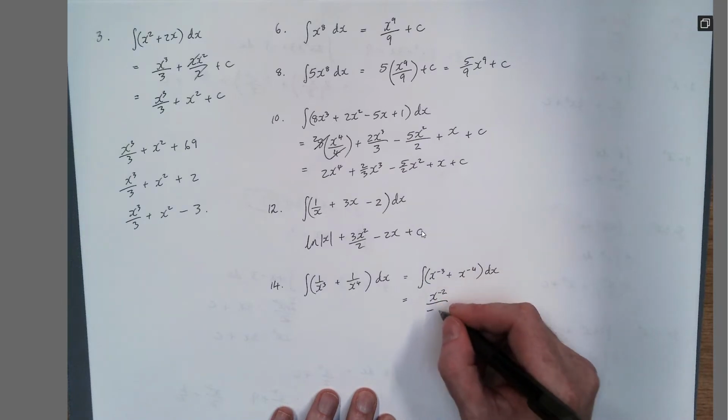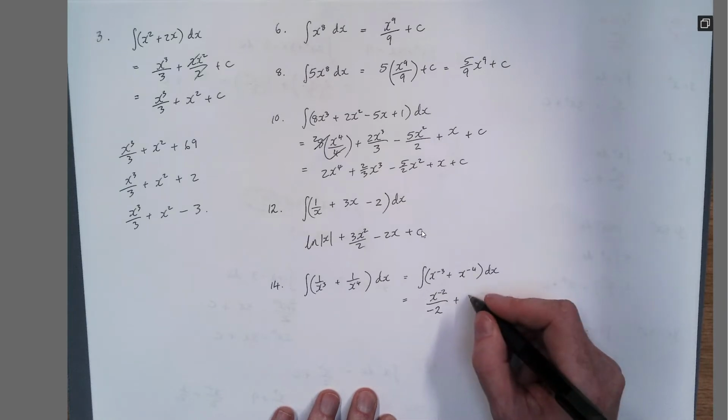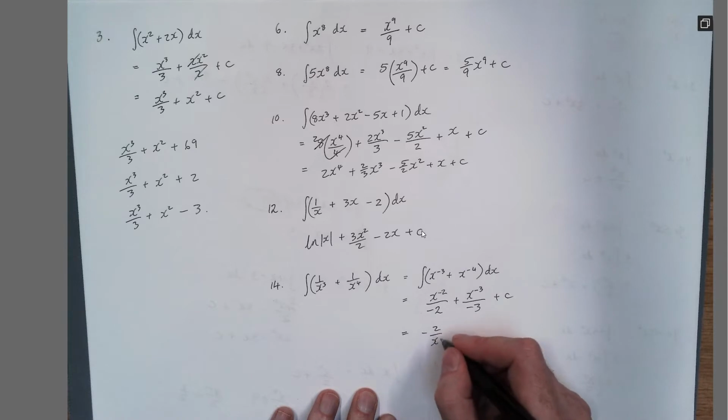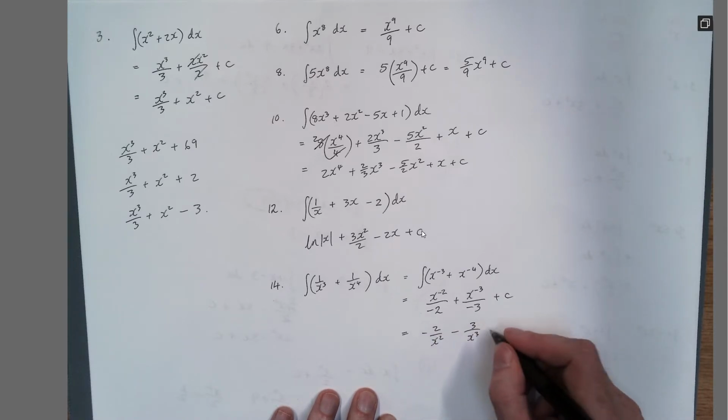Then x to the minus 4 becomes x to the minus 3 over minus 3, plus c. So the answer is minus 2 over x squared minus 3 over x cubed plus c.